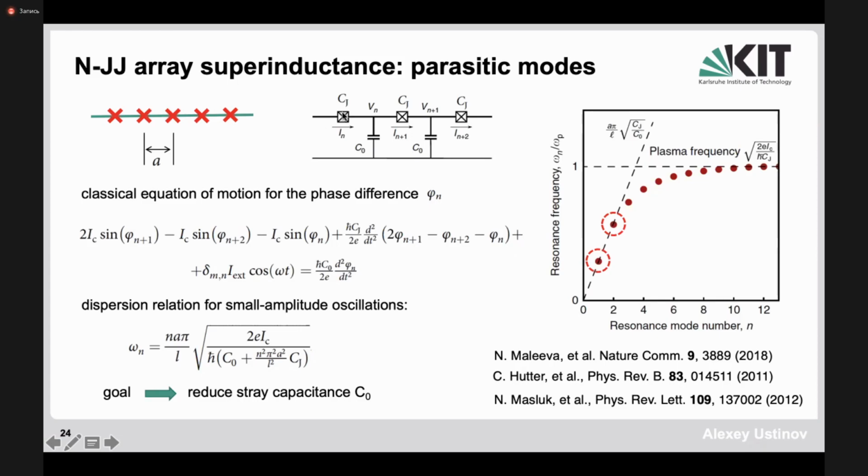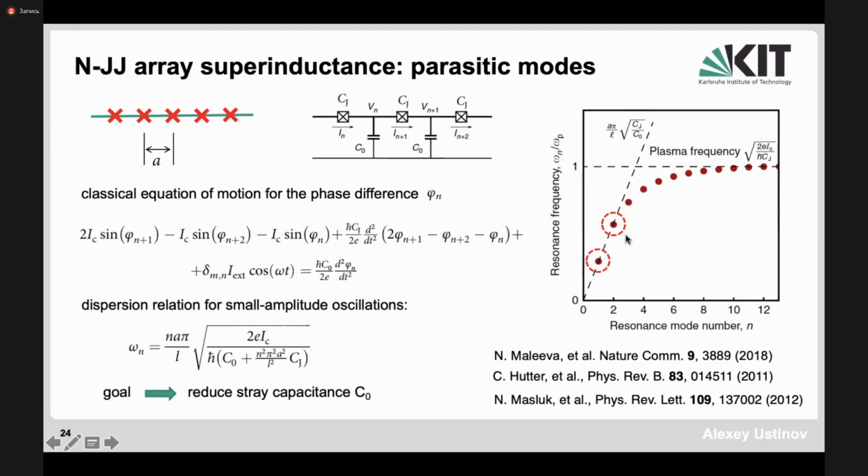If one looks at this circuit, one can write the classical equation of motion for the phase differences phi_n, which are the phase differences on all these different junctions. One finds a set of coupled nonlinear equations, which can be linearized by replacing sine with simply the argument.